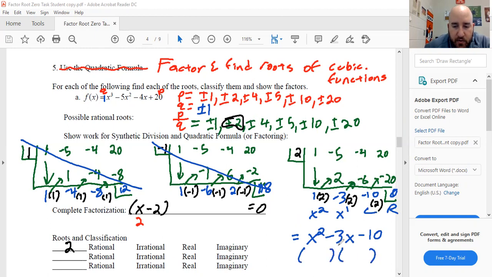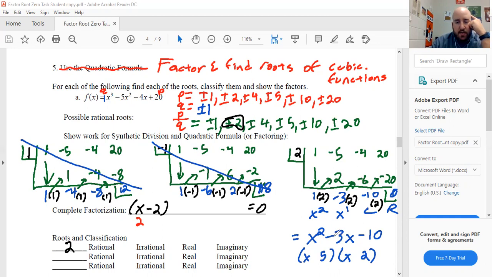I got to try to factor this. What two numbers can I multiply to get 10 that I can add or subtract to give me 3? It's going to be 5 and 2. 5 times 2 is 10, 5 minus 2 is 3. Since the 10 is negative, one of them has to be positive and one negative to get a negative 10 when I multiply.